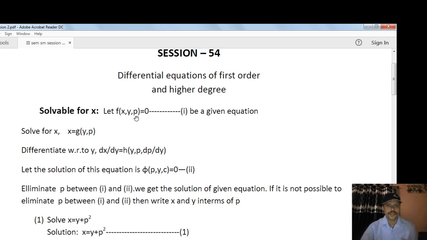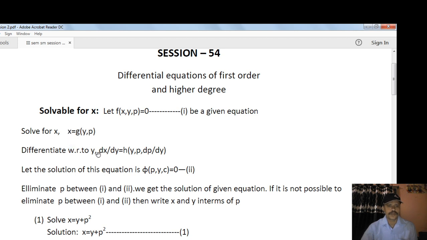Suppose this is the given equation, f of x, y, p is equal to 0, call it as 1. First of all, solve for x. After finding x, the RHS terms are definitely in y and p. That means it is a function of y and p, call it as g of y, p. Differentiate this with respect to y.